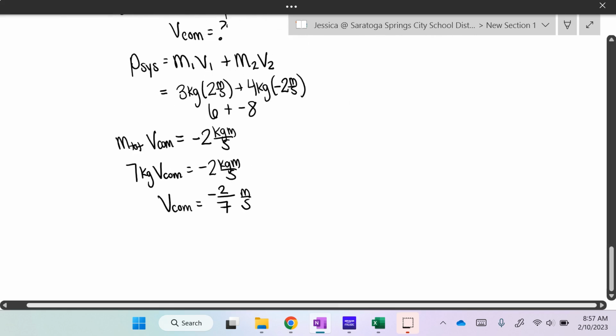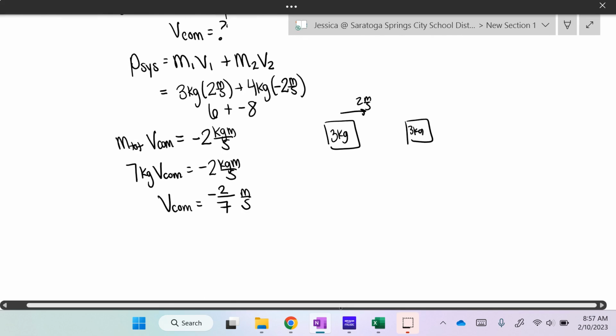Okay. Now, if I have two objects, let's say they're 3 kilograms at 2 meters a second, and this one's also 3 kilograms, but 2 meters a second to the left, here, my total momentum would be 0.